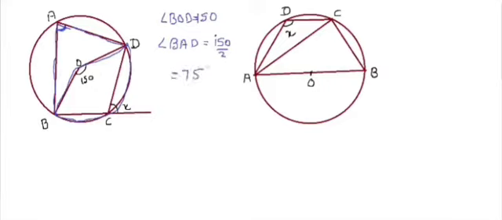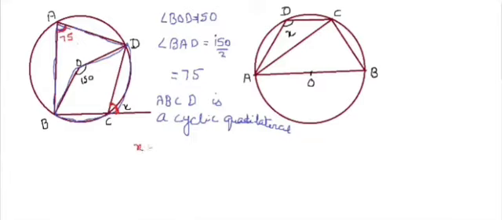You can write the reason. Then we can see that ABCD is a cyclic quadrilateral. Just now I told you that the exterior angle is equal to the interior opposite angle. So here this is our exterior angle, and it will be equal to the interior opposite angle, which is 75.